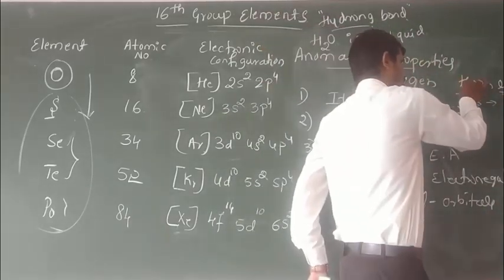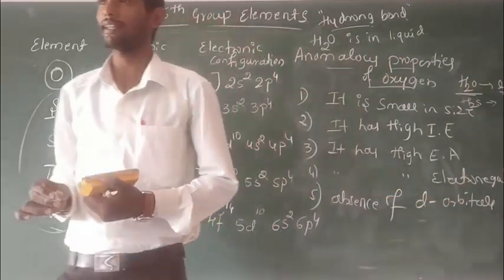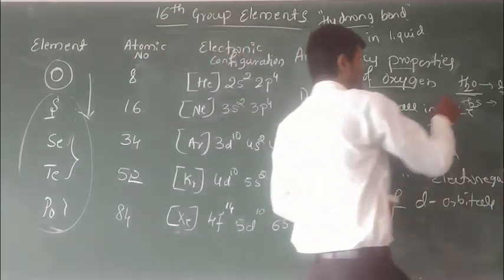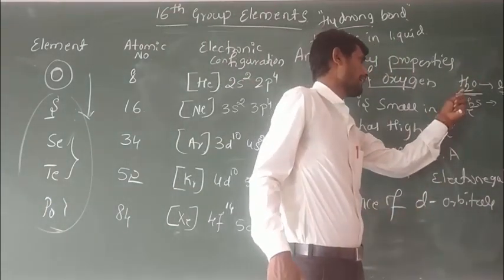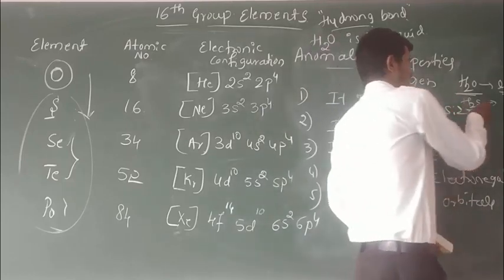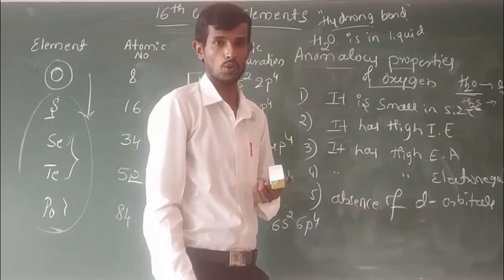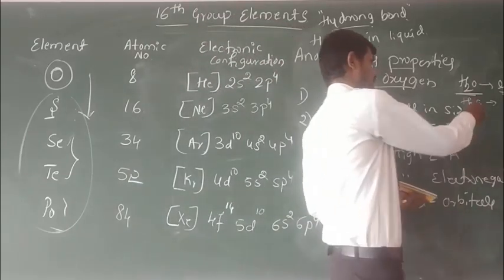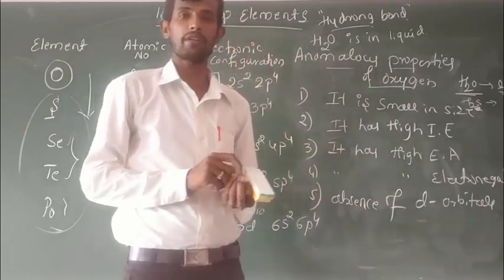Yes, H2O contains hydrogen bonding and bond enthalpy is high here. But there is an absence of hydrogen bonding in H2S. Means in hydrogen sulfide, there is no hydrogen bonding.